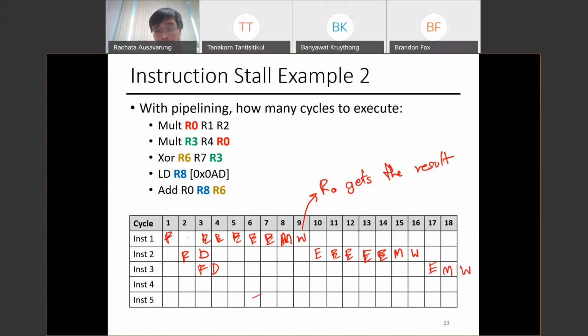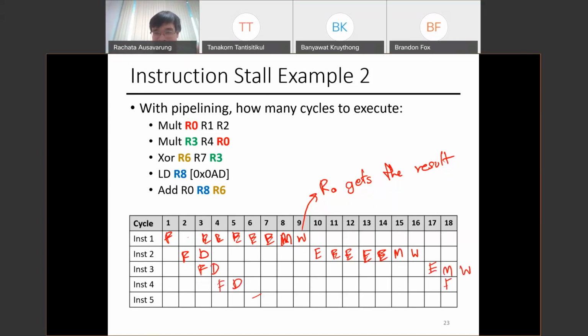For instruction 4, fetch, decode, right? Can I execute now? Kind of, yes, but one thing you forget is my pipeline register is full.